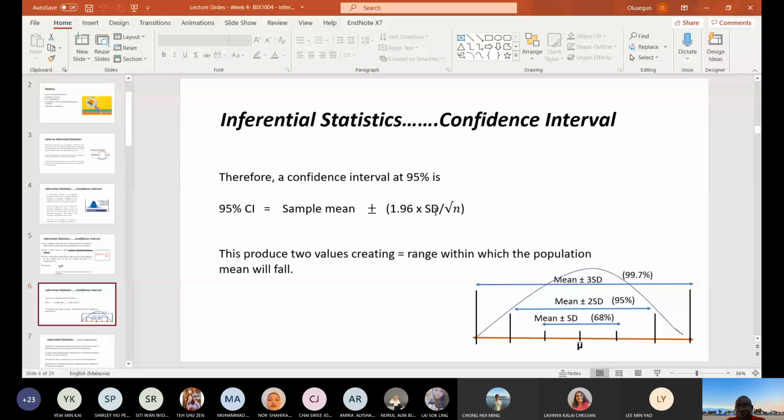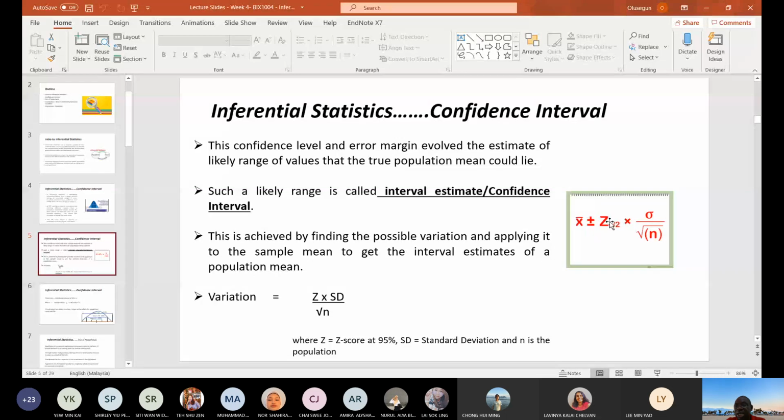Multiplied by the standard deviation divided by the square root of the sample. So this is the set score, set at alpha divided by 2, that is 2.5%. Our alpha is 5% divided by 2. So the set score at alpha divided by 2 is 1.96. Then multiply by the standard deviation divided by the square root of the sample.